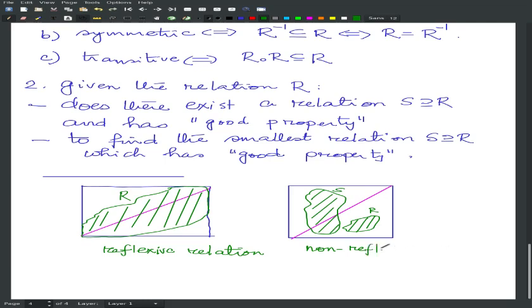Now, can you make a relation, say a relation T, which is larger than R but is reflexive? What does the picture suggest? So I need T which is larger than R and T is reflexive.